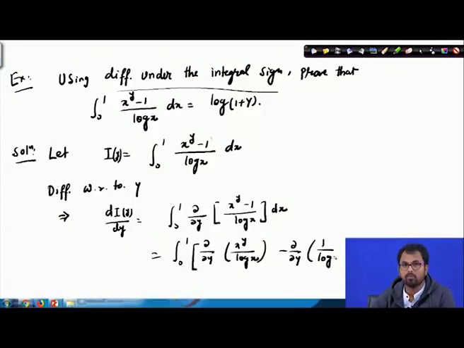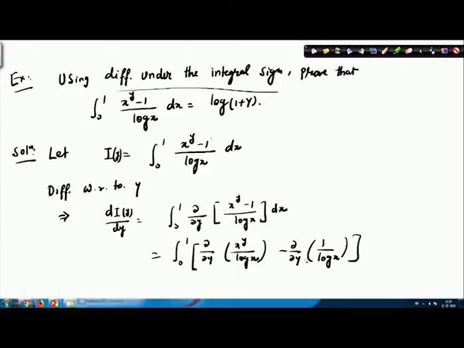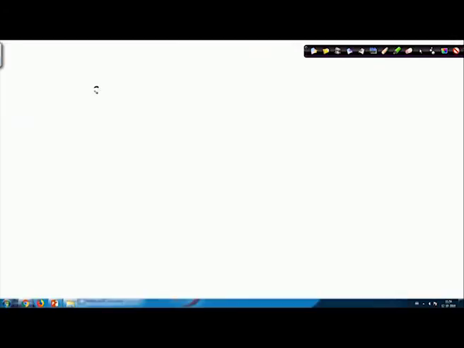Now, differentiation of 1 by log x will be 0, because we are differentiating with respect to y, and this function does not involve y. It is treated as a constant, and differentiation of a constant is always 0. So, we will obtain the integral from 0 to 1 of x to the power y times log x, divided by log x, after differentiation.